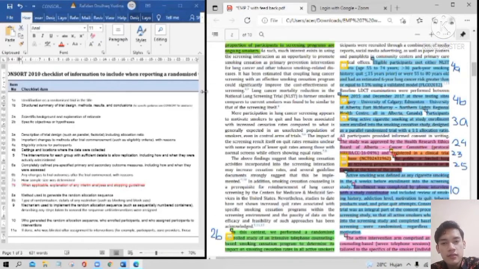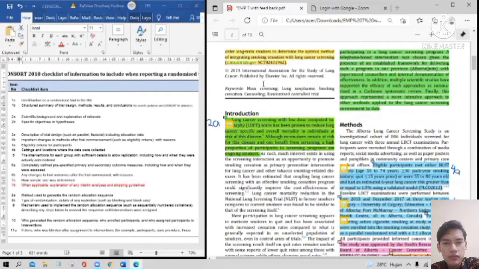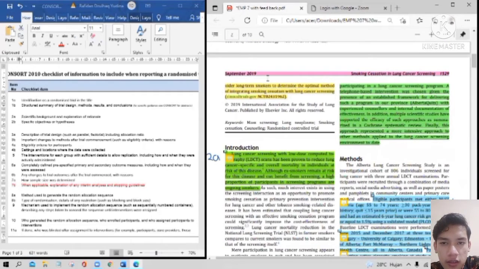And next, for 2B, specific objective or hypothesis. You can see in the paragraph the sentence "a telephone based intervention..." until "documentation of effectiveness." That means the specific objective.